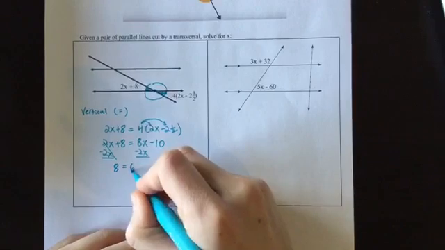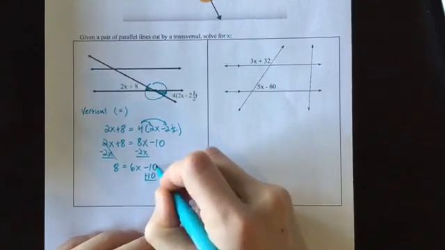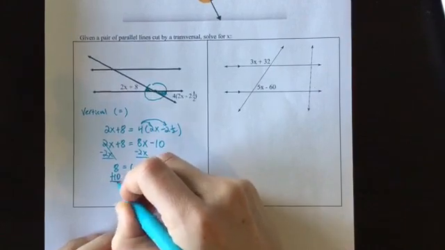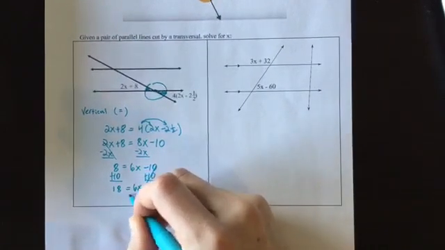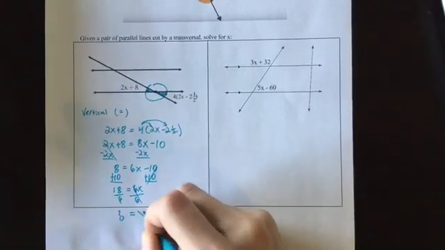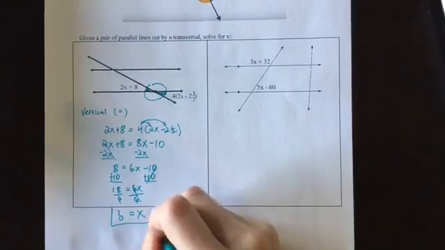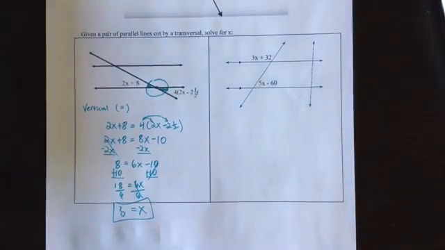We get 8 equals 6x minus 10. Add 10 to both sides to get our constants to the other. 18 equals 6x, divide both sides by 6, and we get 3 is equal to x. So x is equal to 3. And that's all we were asked to do, was to solve for x.